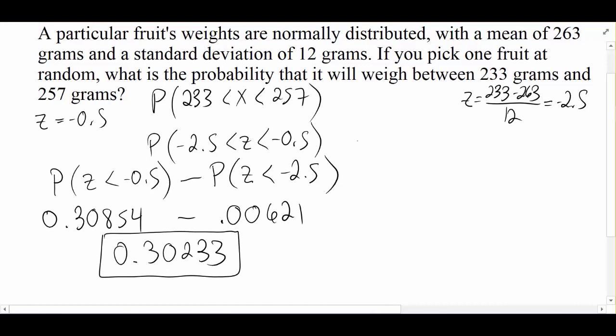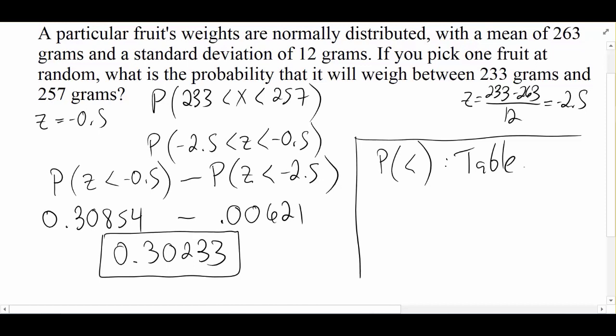So in summary, we basically looked at three different things. We found the probability of being less than something. We're just going to approach the table. If that something is a z-score, we can just look straight at the table. If it's an x value, if you're given a value where the mean isn't 0 and the standard deviation isn't 1, then you have to find the z-score first.